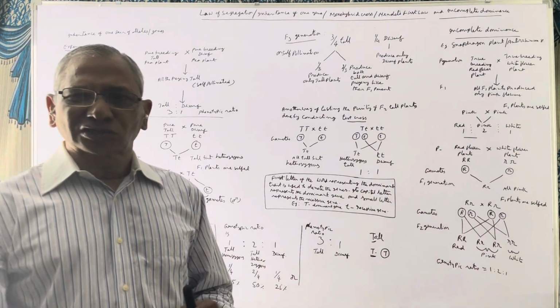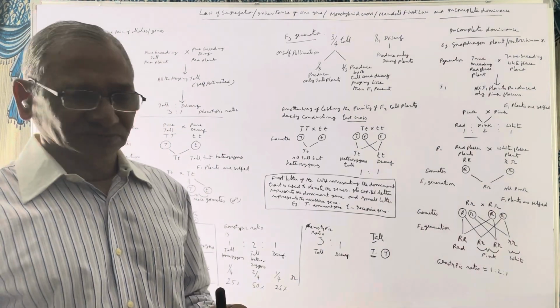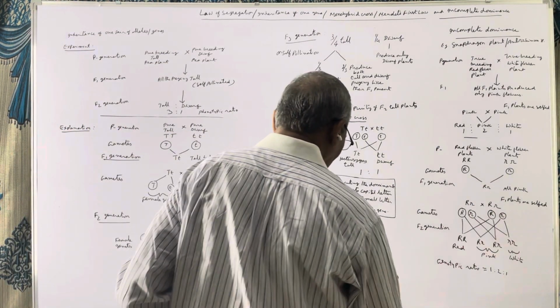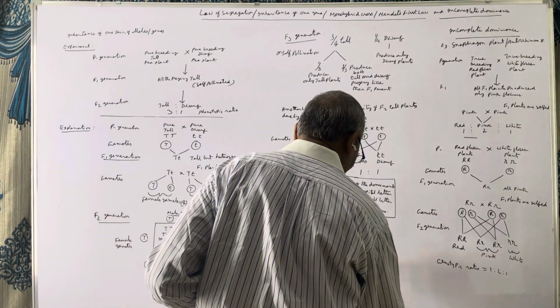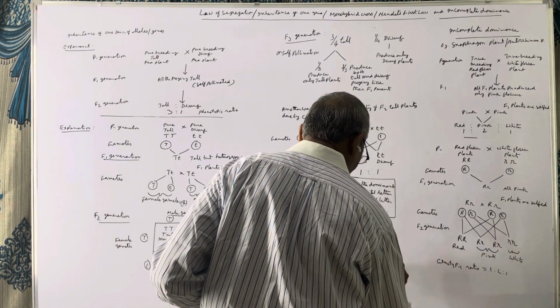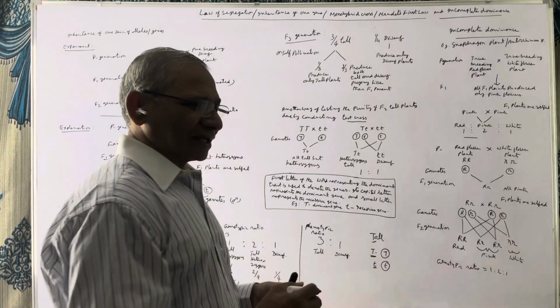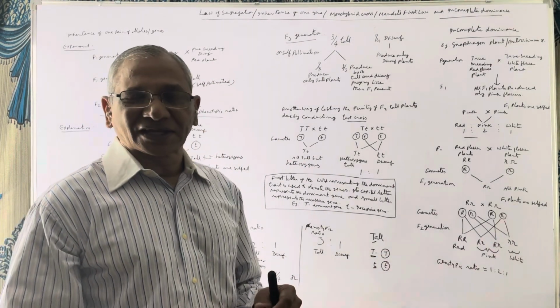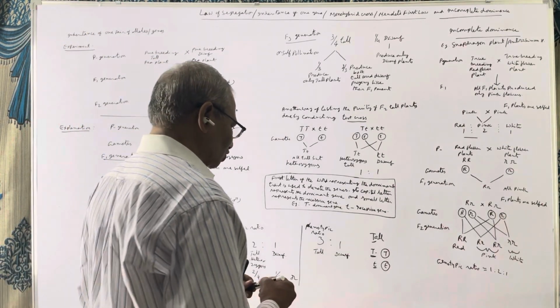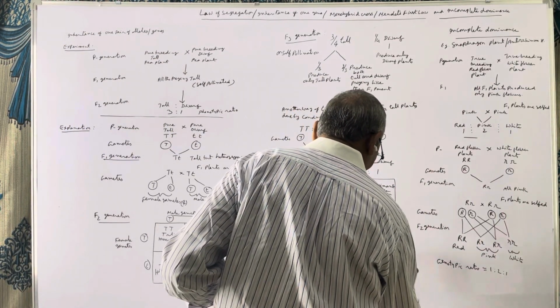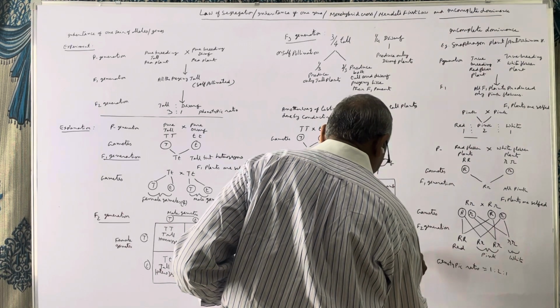The capital letter is also known as uppercase letter. Then it's a small letter, small t. The small letter or lowercase letter always represents the recessive trait.